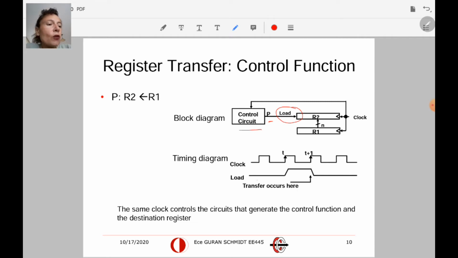The load signal is high during clock pulse T. In the transition from T to T plus 1, the transfer happens, like we have discussed in the ASM chart lecture. And of course, in all our circuits, there's a single clock pulse that is controlling the control function and also all the data path, the register components.